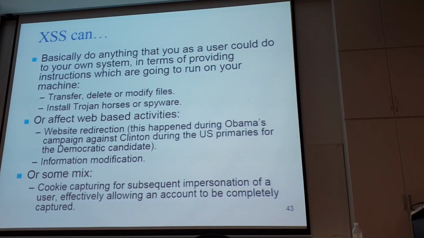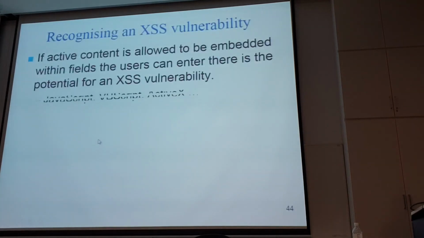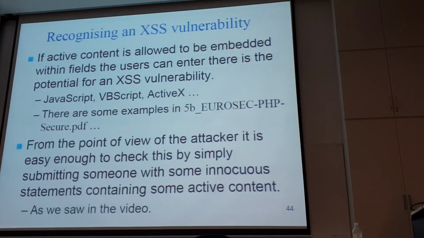For example, they can modify your files, delete or transfer your secret files, or steal your session cookie, and so on. They can also do web redirection. Okay, so this is one of the major threats nowadays.